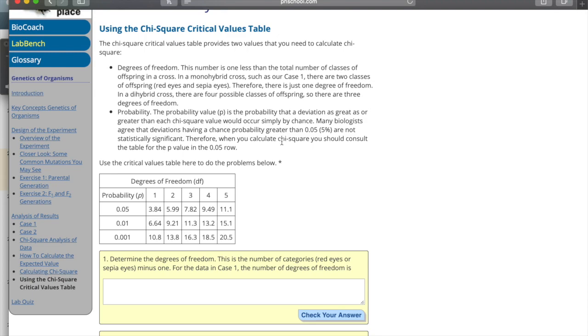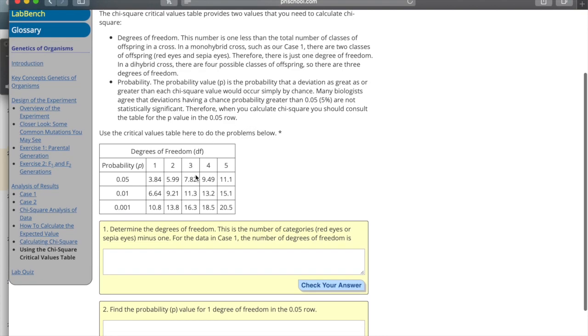Many biologists agree that deviations having a chance probability greater than 5% are not statistically significant. Therefore, when you calculate chi-square, you should consult the table for the p-value in the 0.05 row. And here's an example of the table that you would use. So you don't need to construct this yourself. This will always be given to you when you're solving a problem like this. Or you can easily look one up.